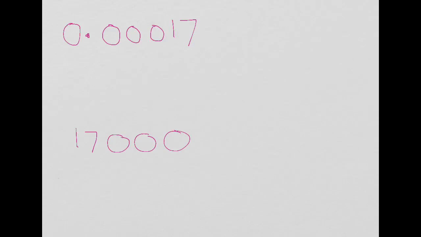To go the other way, we need to remember the rule for standard form: there is only one digit in front of the decimal point, and that digit is a number between 1 and 9. So at the moment, if we look here, this is a 0, so this would not be a digit from 1 to 9, so that's not what I'm wanting.